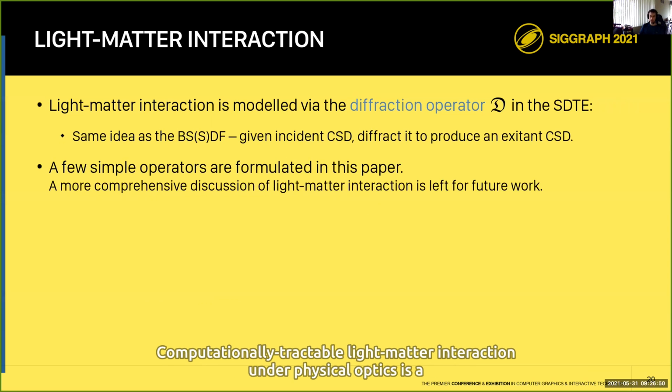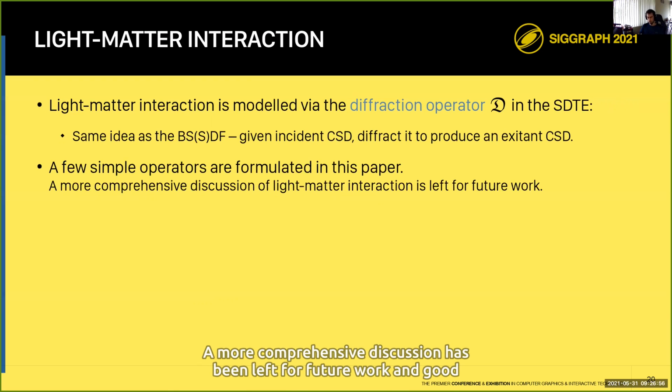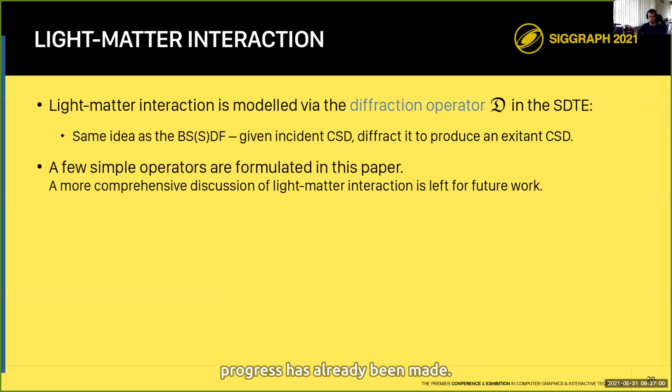Computationally tractable light-matter interaction under physical optics is a rather large topic by itself. A more comprehensive discussion has been left for future work, and good progress has already been made.